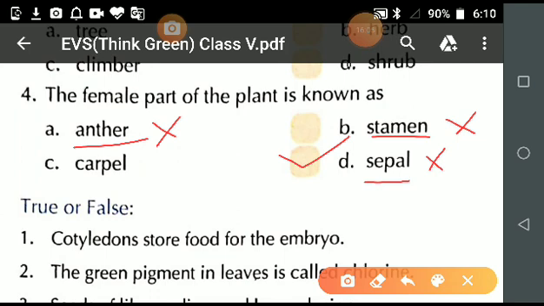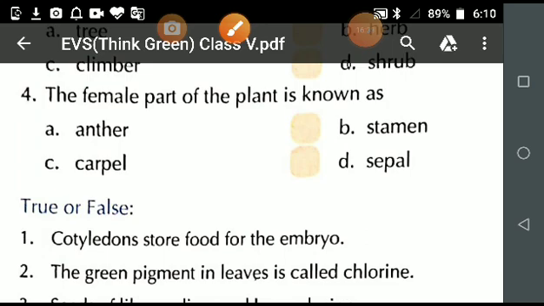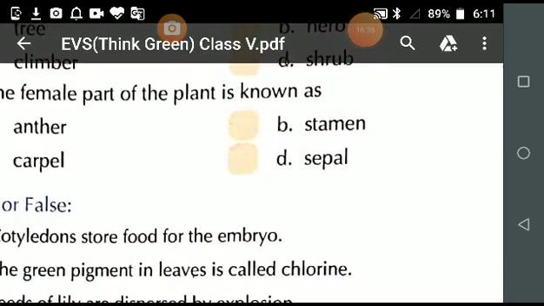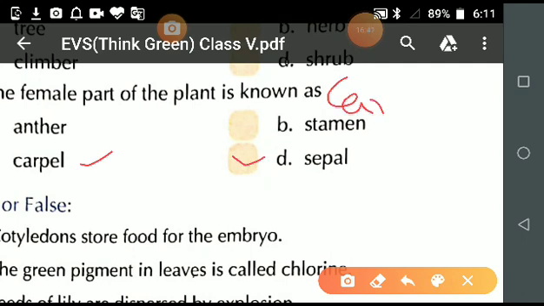So student, carpel is the female reproductive part of a flower. So carpel is the right answer.